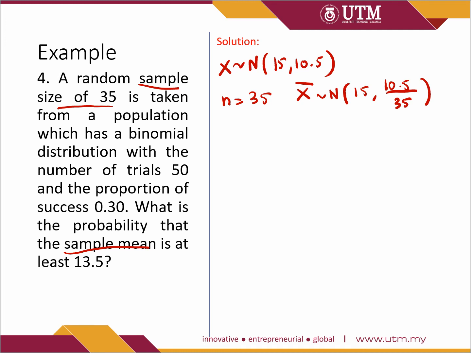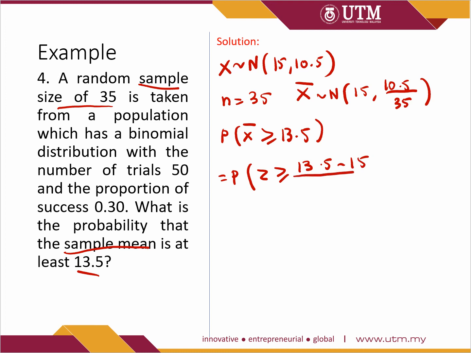So now we can find the probability of X bar at least 13.5, meaning that we have to find greater than or equal to 13.5, which is equal to the probability of Z greater than or equal to 13.5 minus 15, divided by the square root of 10.5 over 35.